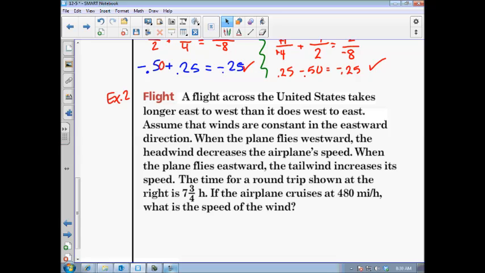A flight across the United States takes longer east to west than it does west to east. Assume that winds are constant. There is one like this on your homework, so I recommend writing it down so you have an example to look at.